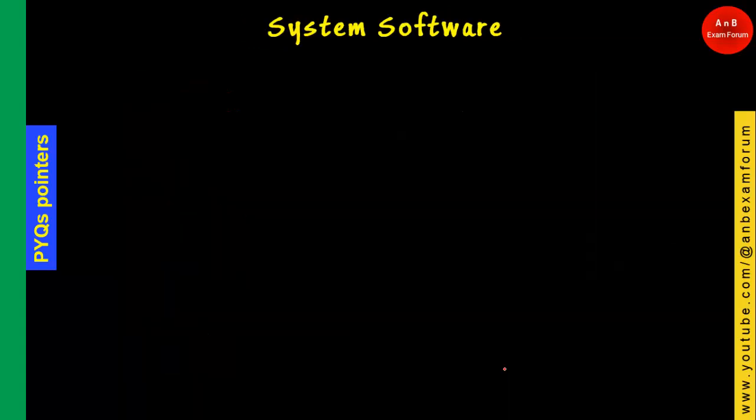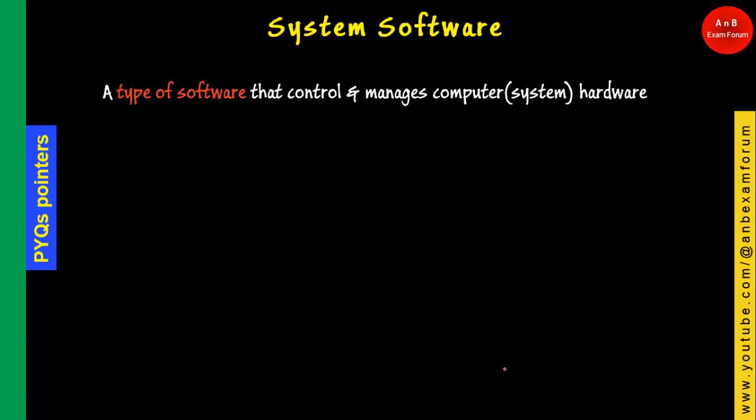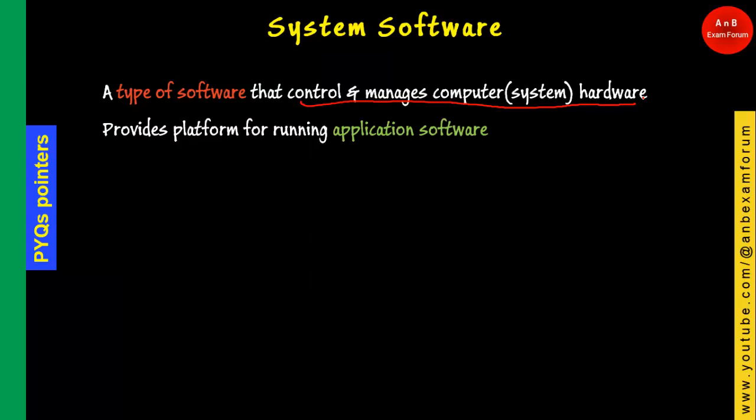Coming to the system software. This software basically controls and manages the computer system hardware. And a very important pointer is that it provides a platform for application software. So application software cannot run on their own on the hardware. They need some system software, more specifically, they need some operating system.